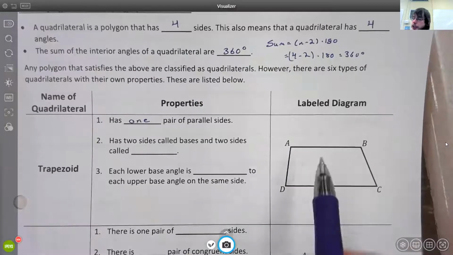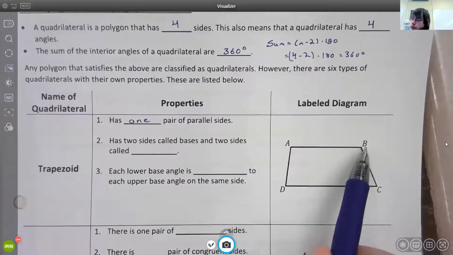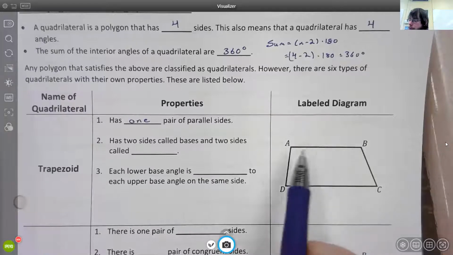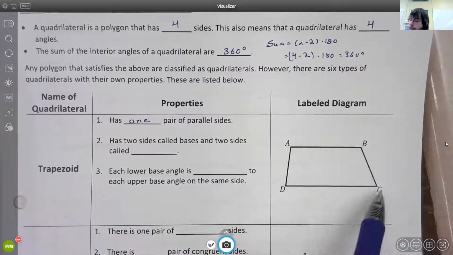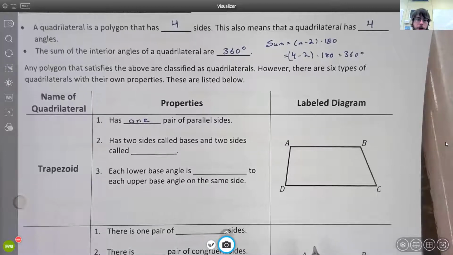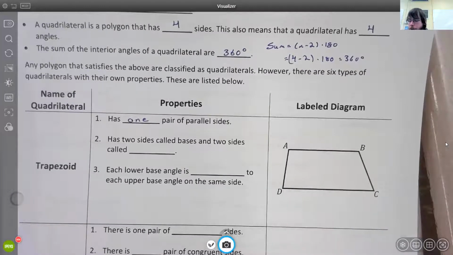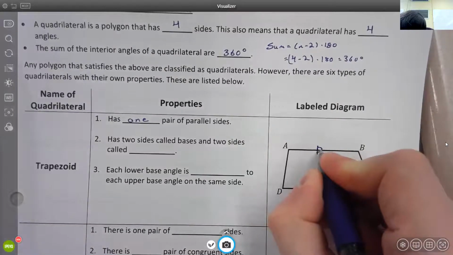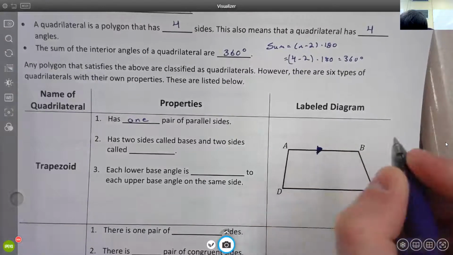So if we look at this diagram over here, we have a trapezoid here, A, B, C, D, and what sides are parallel to one another? Well, as we can see, AB and DC are parallel to one another, and remember, you can either use the little chevrons or you can use the triangles. Most people do the chevrons because it's quicker.